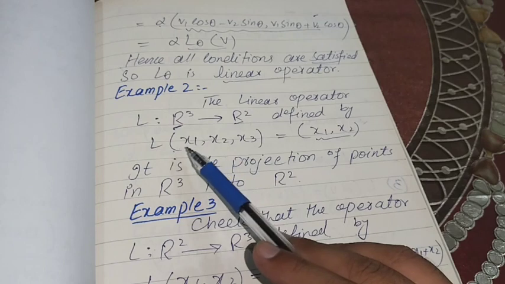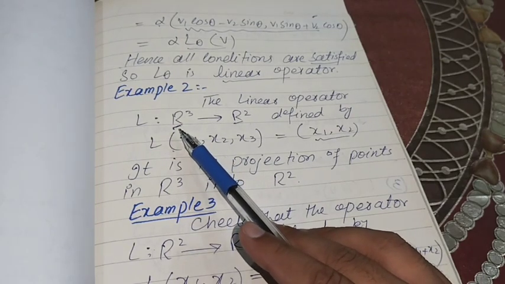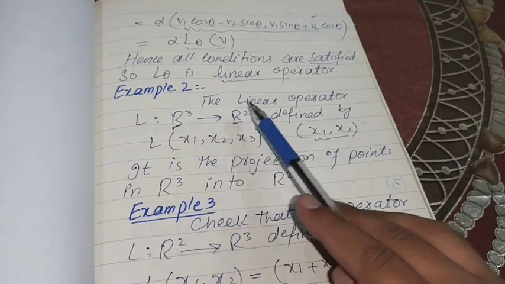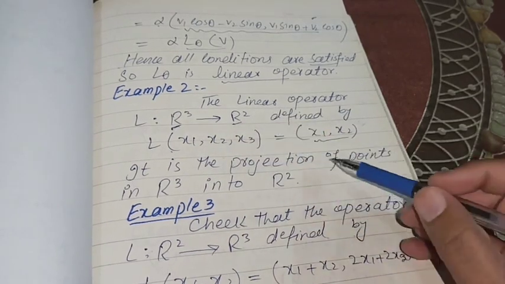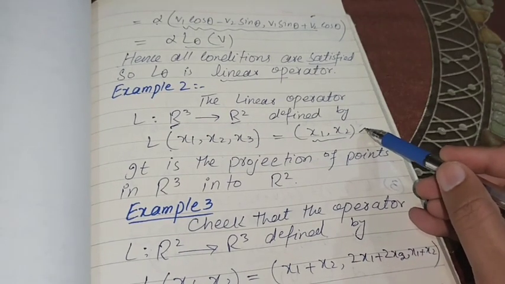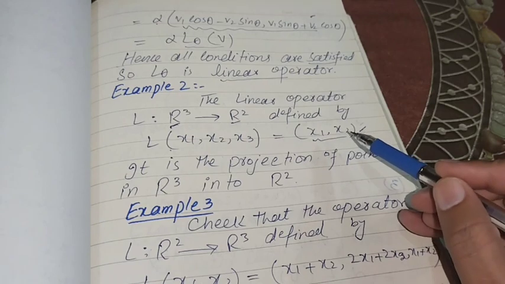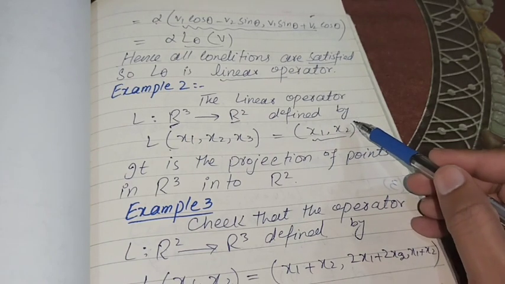We just take the projection of the points of space to the points in the plane, and we will easily prove this mapping is a linear mapping. We will easily prove all the conditions of the linear operator in this mapping.